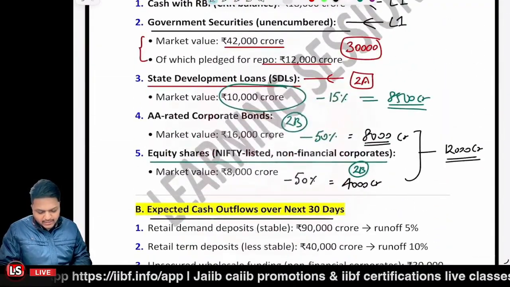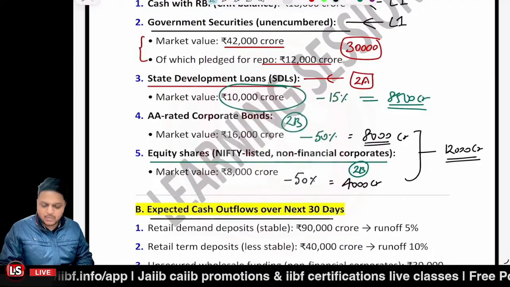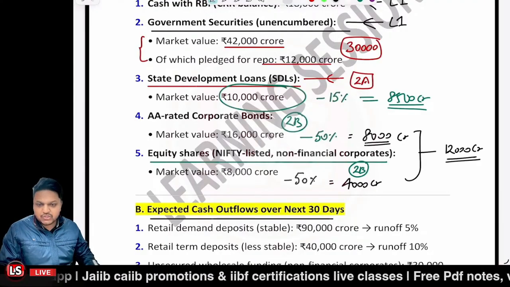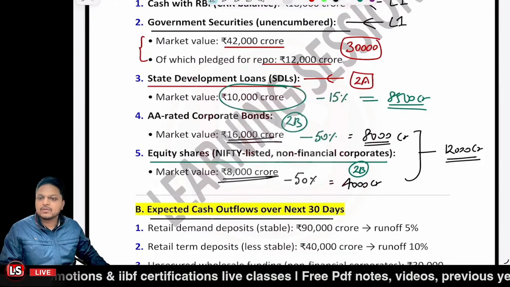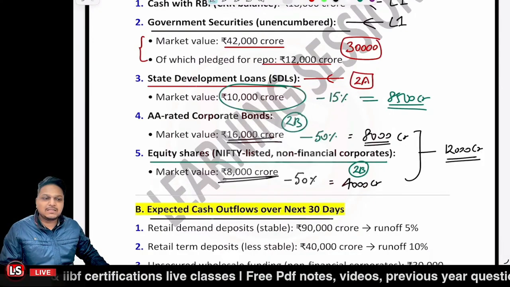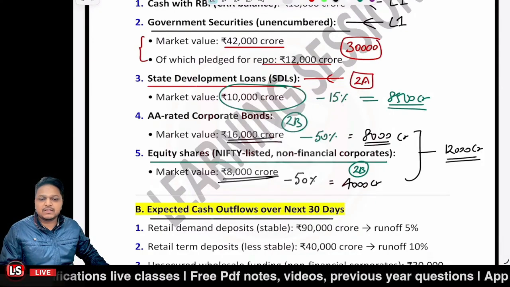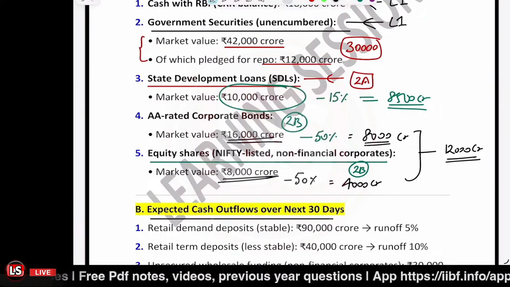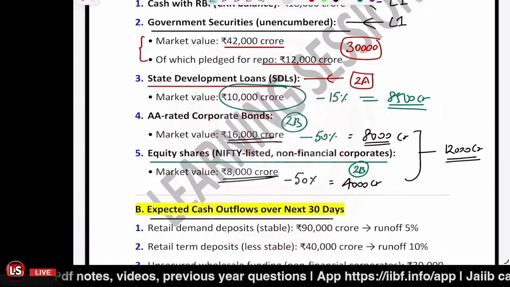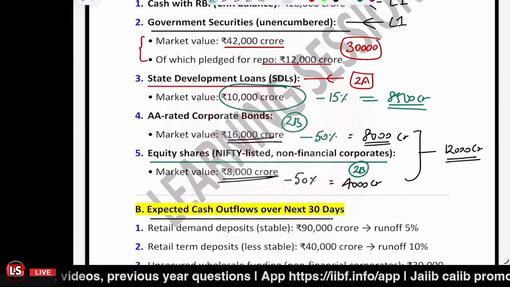So for AA rated corporate bonds, the amount was 16,000 crores, and for the equity shares, the amount was 8,000 crores. Is that clear? Clear so far?